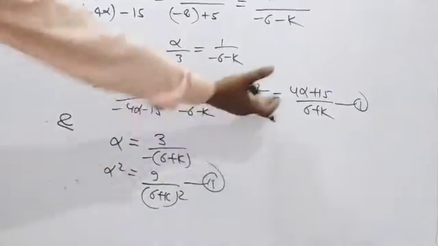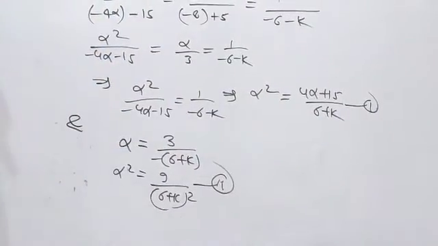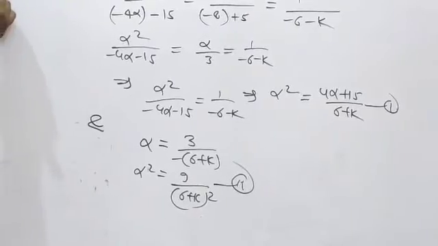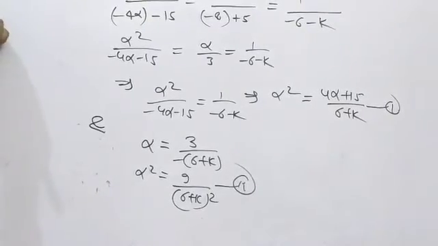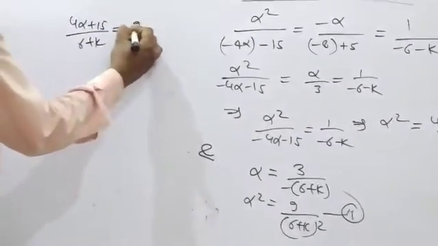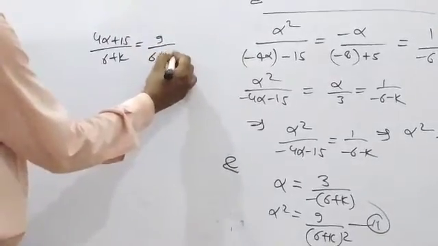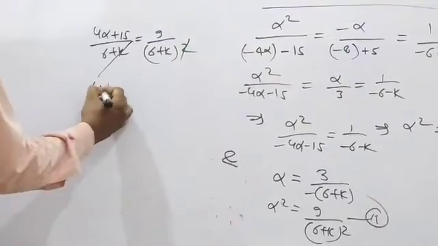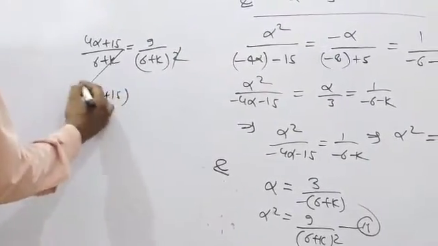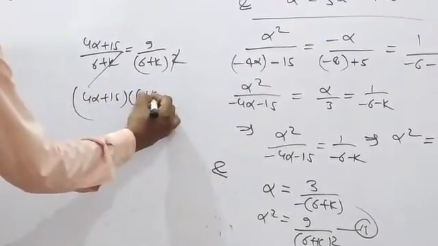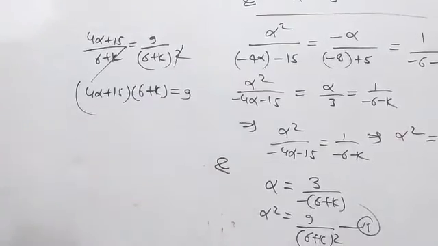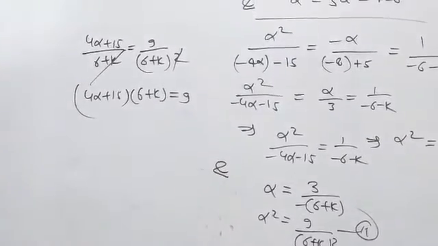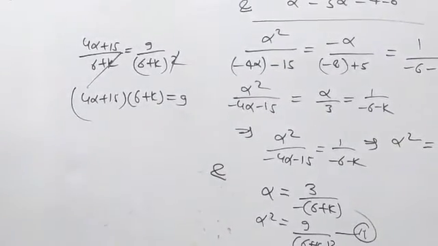Now comparing, 4 alpha plus 15 upon 6 plus k is equal to 9 upon 6 plus k whole square. Cancel here. Then 4 alpha plus 15 and 6 plus k is equal to 9. Clear? After that we will find the value.